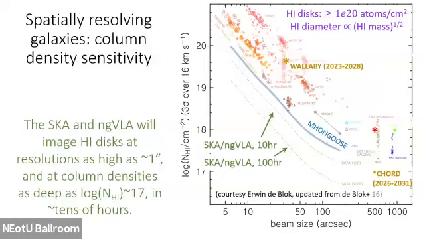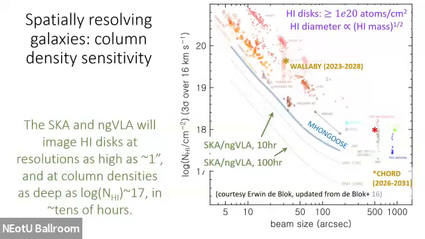And so there's a number of different surveys and objects on this plot, and you can pick out your favorite one. But what I wanted to point you to were the two diagonal green lines, which represent the SKA and ngVLA after about 10 hours, or the SKA or ngVLA after about 100 hours. And of course, better down is better, is more sensitive in this plot. And so both the SKA and ngVLA are going to be extremely sensitive telescopes.